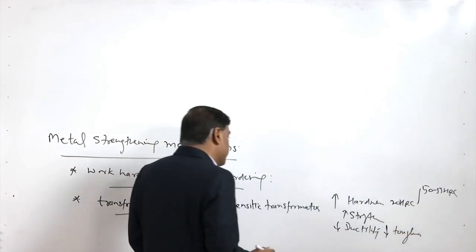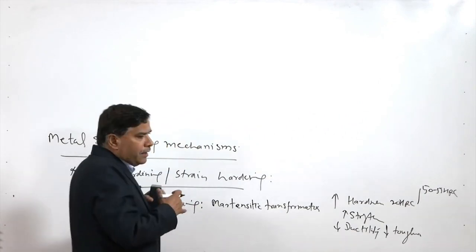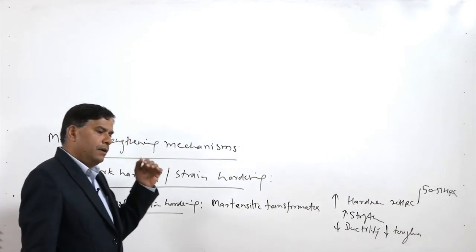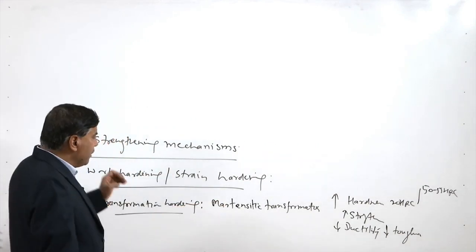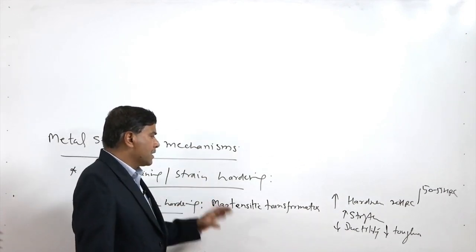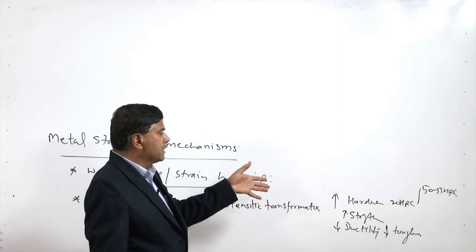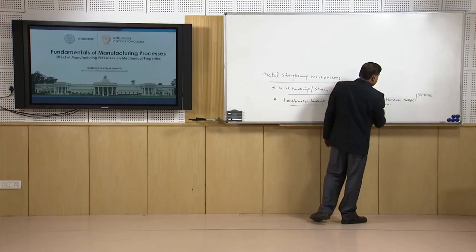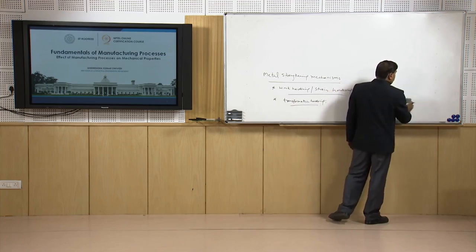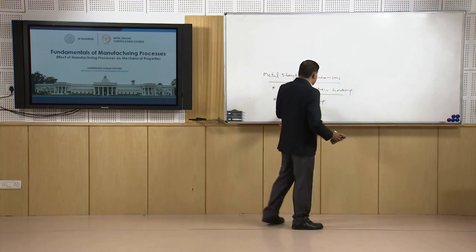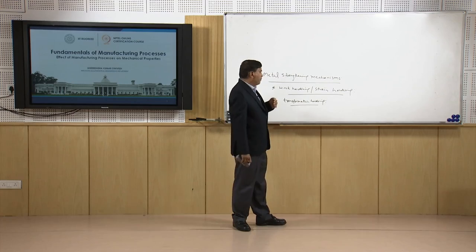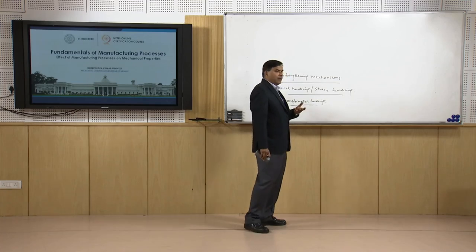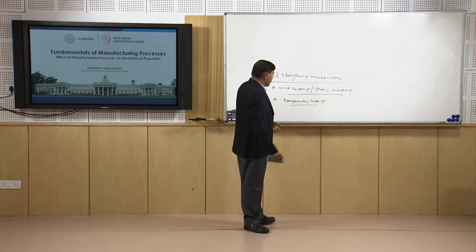So, we need to consider that whenever due to the manufacturing conditions during the grinding or the casting or the welding, if the cooling conditions are such that martensitic transformation takes place, then it will be leading to the increase in hardness and strength, but at the cost of the ductility and toughness. So, this is what should be kept in mind, and if it is so, we need a proper post manufacturing treatment in order to induce the ductility and the toughness through the tempering process.